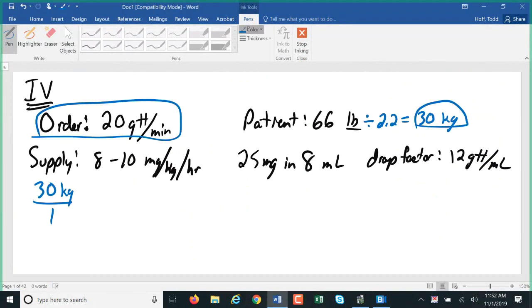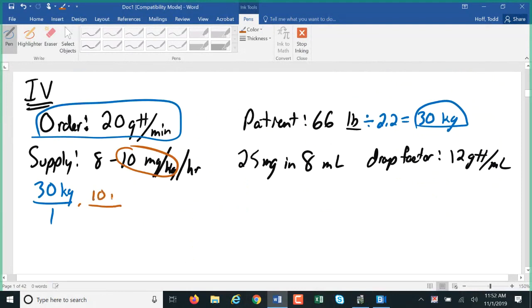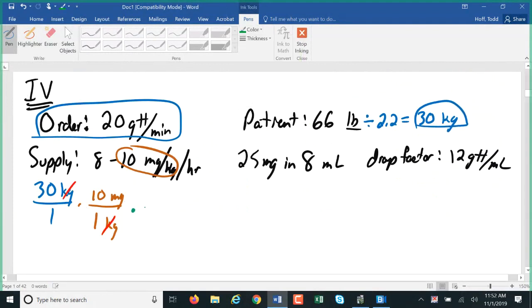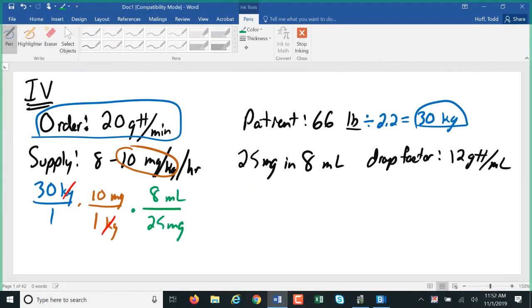We start off with that 30 kilograms over 1. We're going to use the maximum dose again, 10 milligrams per 1 kilogram. Kilograms are gone. Now we are going to convert that 25 milligrams, 8 milliliters, so the milligrams are gone.